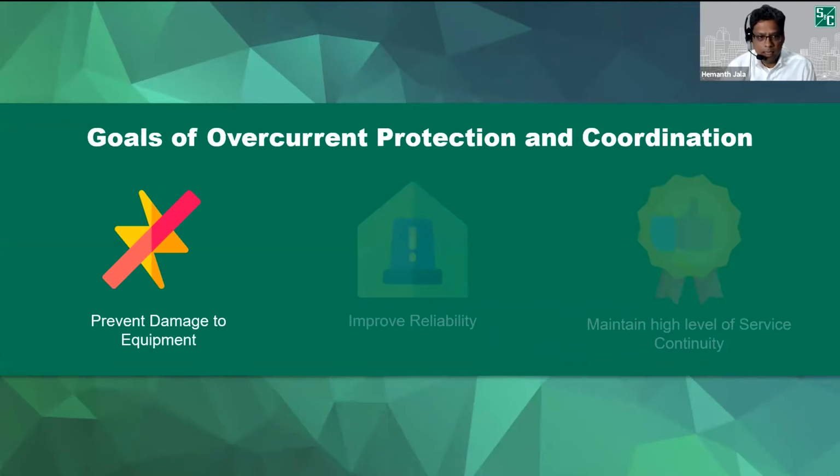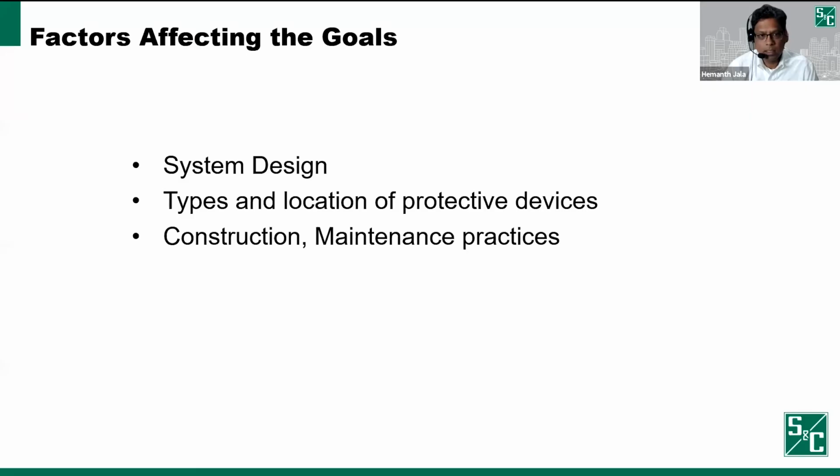We'll take a look at preventing damage to equipment. These are the factors that affect all the goals that we just looked at. The first one is the system design. Depending on how your system is designed, whether it's a radial system or a loop system, it changes the way you select protective devices and how you protect your equipment.